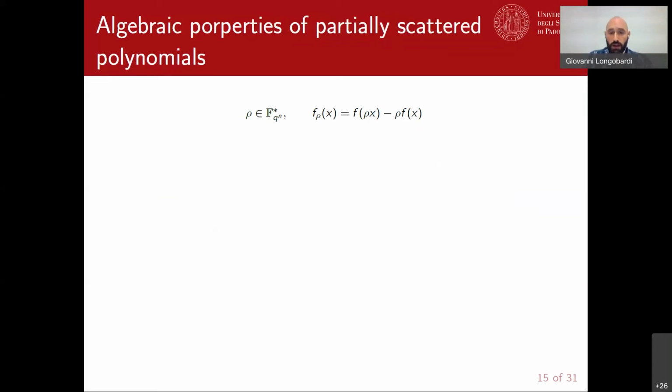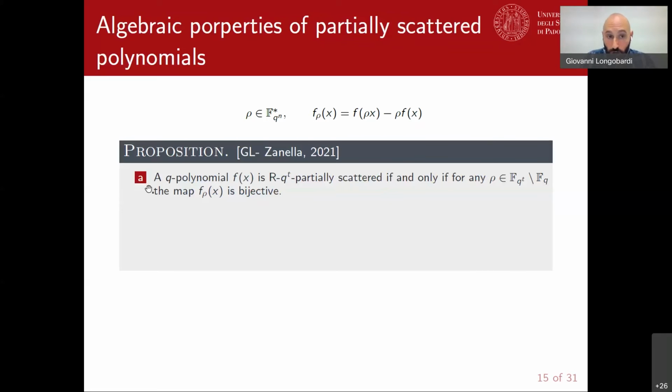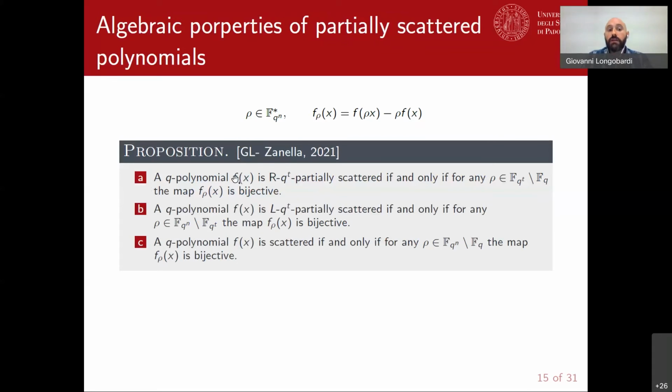So the first one: for any rho, we can consider this polynomial when we have a q-polynomial. Of course, it is still an F_q-polynomial. The first proposition is: we have f(x) a q-polynomial.